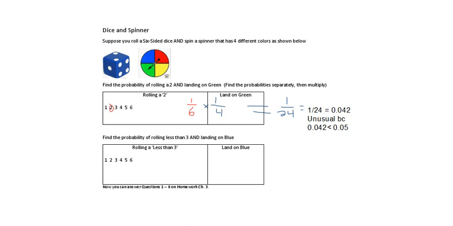All right, well, our next question is less than 3 or blue? Well, less than 3 would be 2 and 1. So that's going to be 2 out of 6.